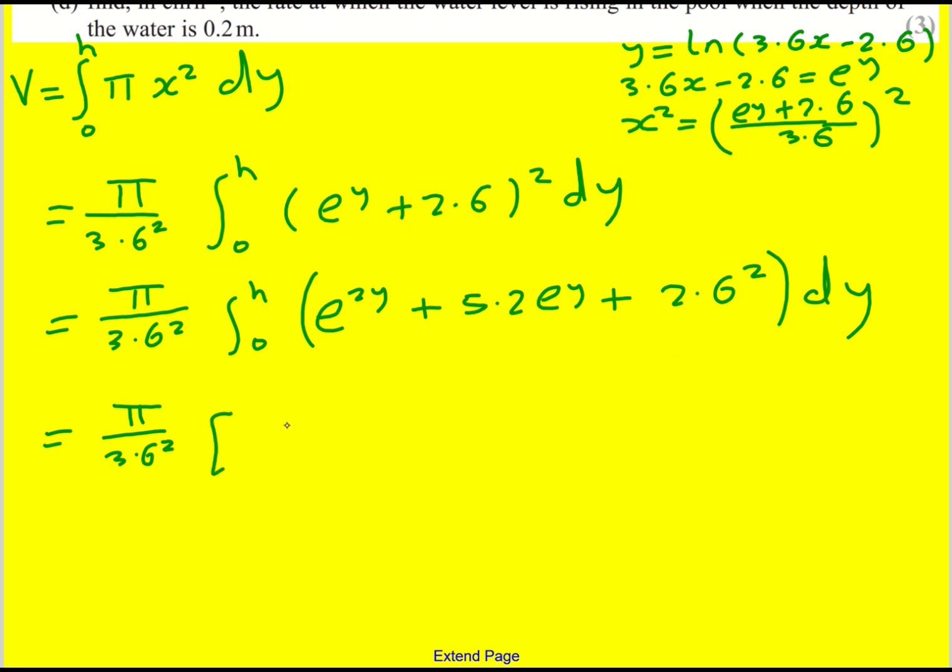Okay, let's integrate. We'll get a half e to the 2y plus 5.2 e to the y plus 2.6 squared. In fact, I'm going to work out what that is at this point. It's 6.76. And then y.